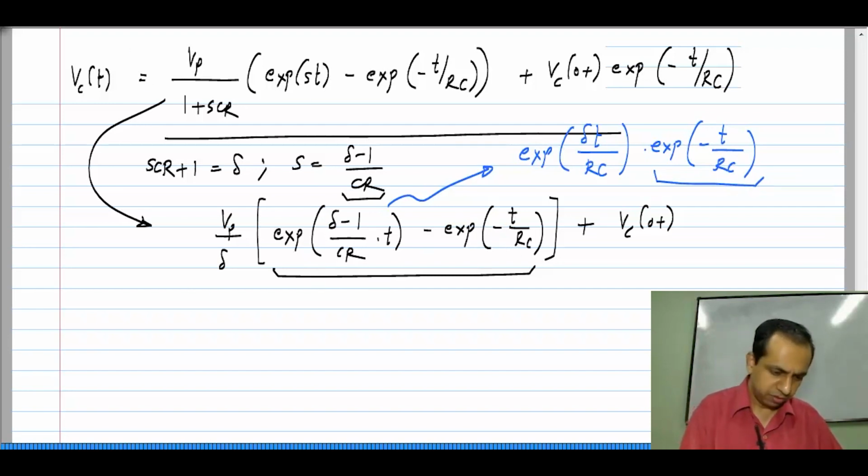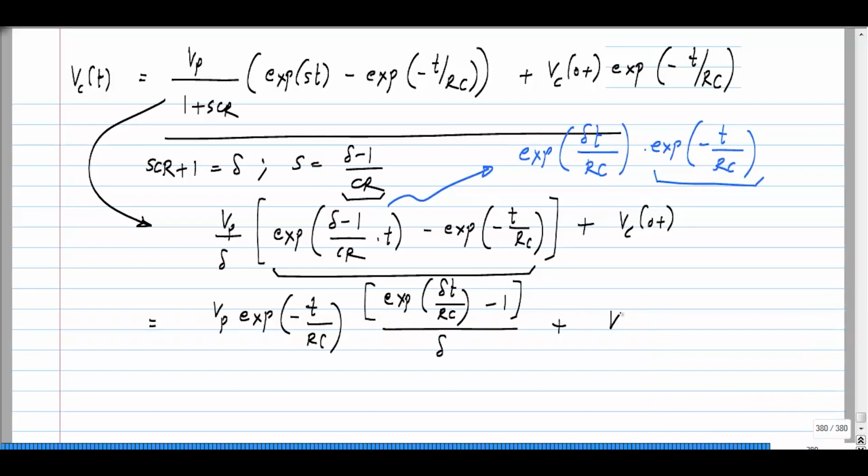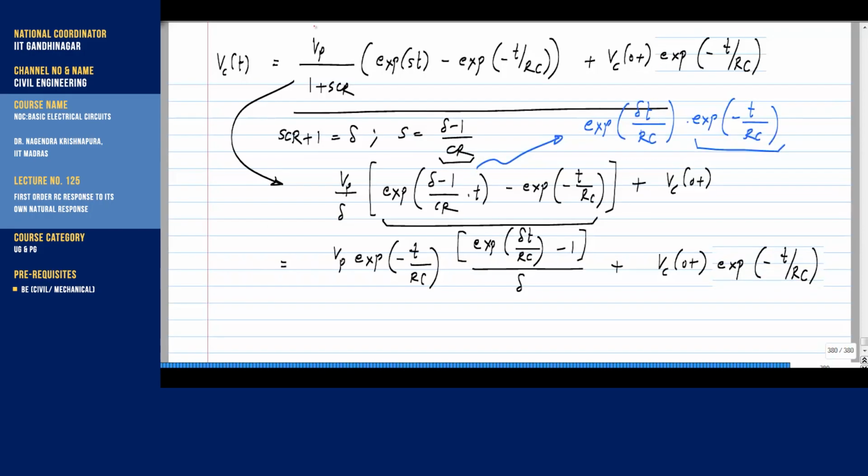So, I will have this whole thing to be equal to Vp exponential minus t by Rc, and I have exponential delta t by Rc minus 1 divided by delta, plus Vc of 0 plus, and I have to take the limit of this as delta tends to 0. When delta tends to 0, SCR plus 1 tends to 0 or S tends to minus 1 by Cr.